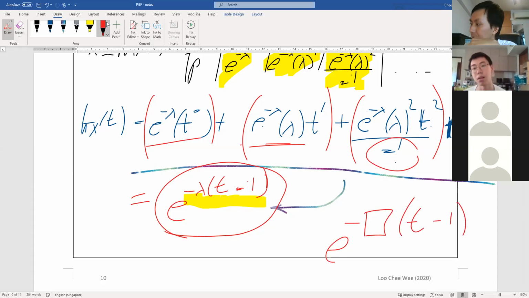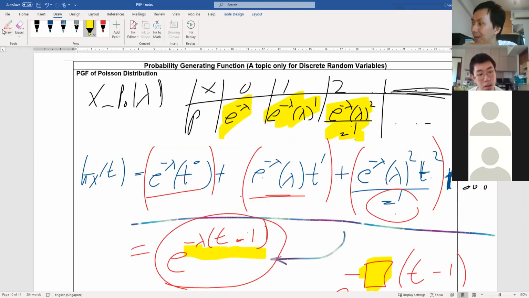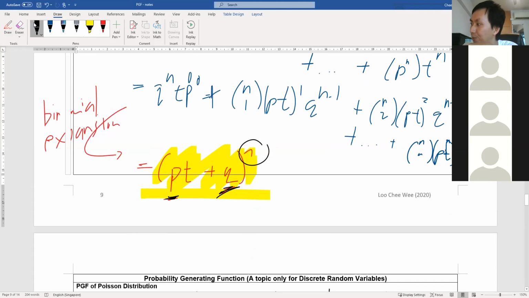Oh, so like prove it? Yes. You're supposed to show that this particular variable's PGF adopts such a form, and if we have such a form, then it must be a Poisson with mean this guy. Oh, okay. So for binomial, it must be of the following form, like triangle t plus square.